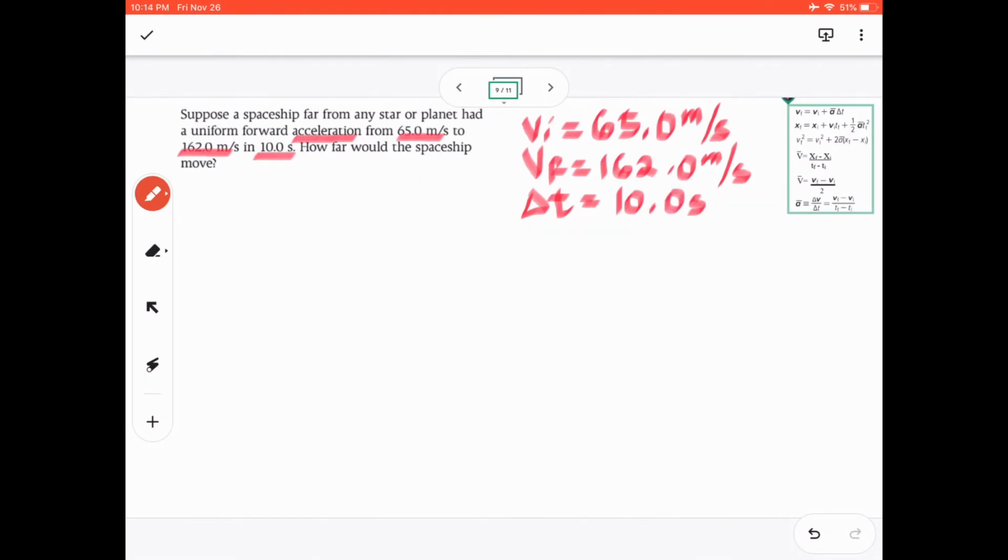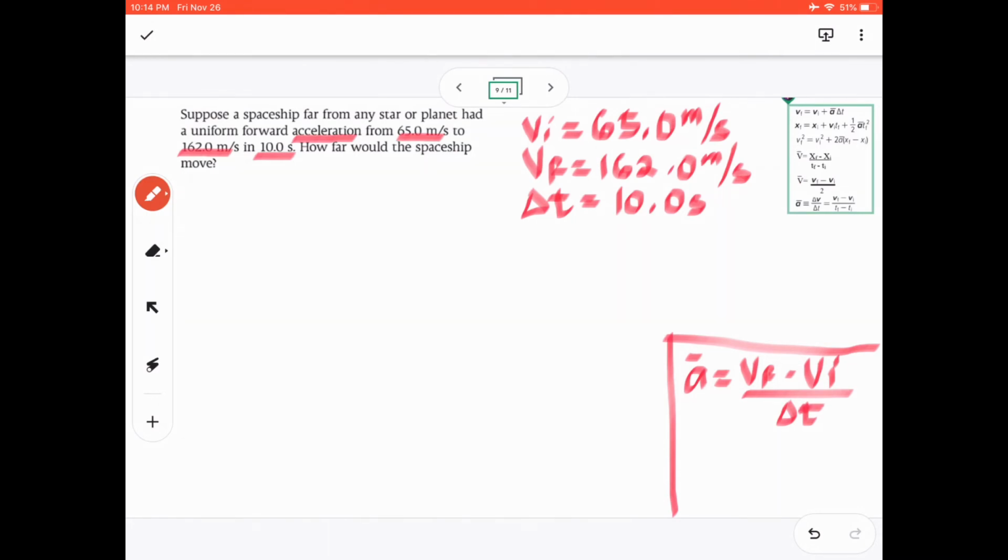Then how about a? What is our acceleration? Acceleration is not given, but we can solve for it using the formula. Let's solve over here on the space, so we have another space for later. A is equal to Vf minus Vi over delta t, or Tf minus Ti. In this case they're equal, so I'll just use delta t.